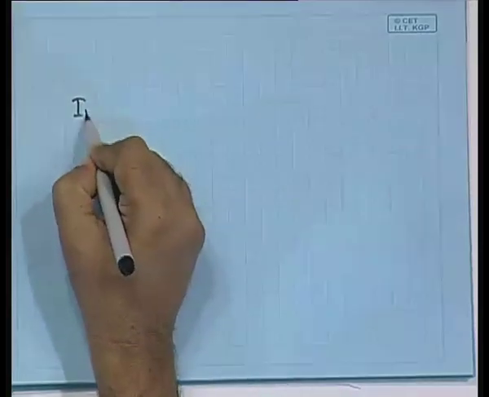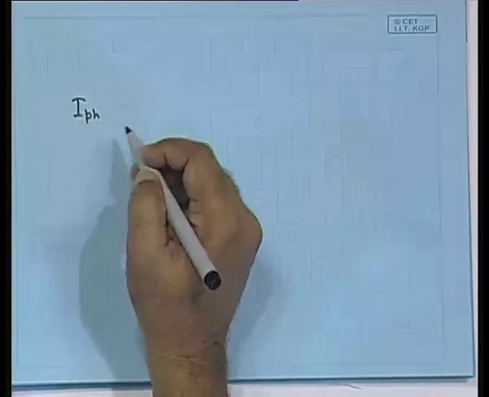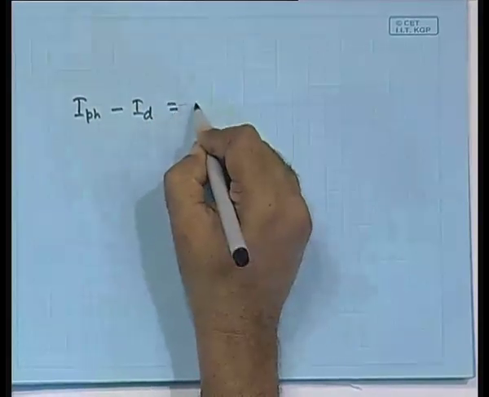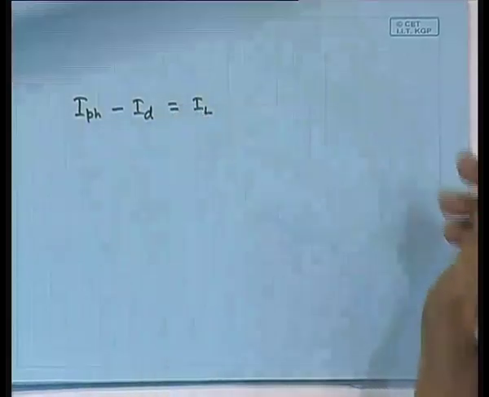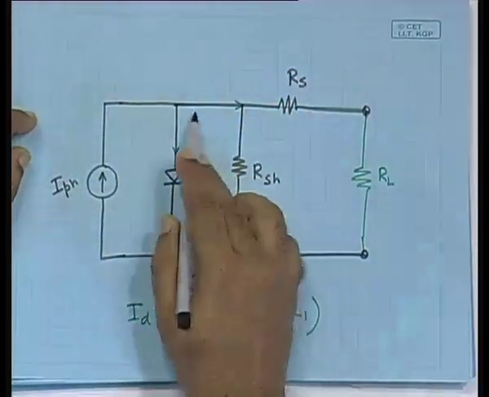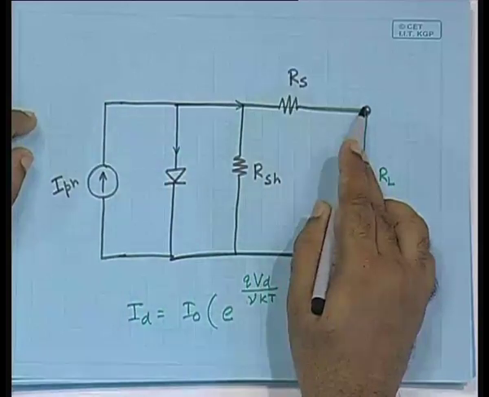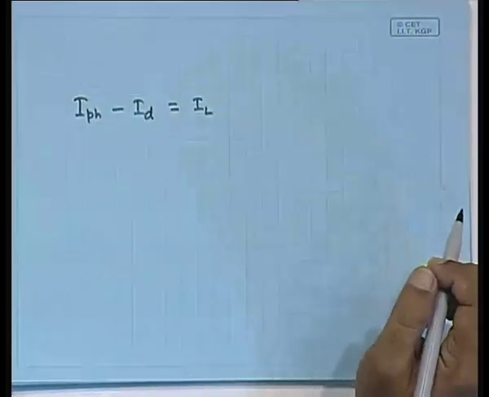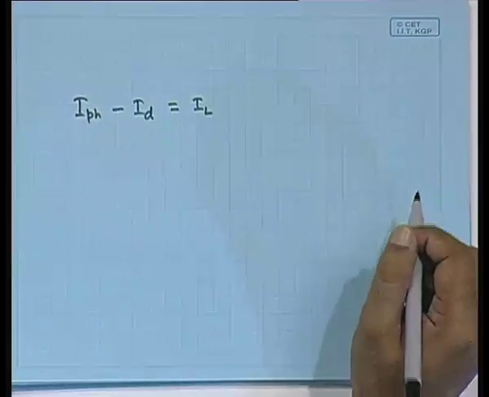Then you have the equation as IPH minus ID is equal to IL, the load current, all right, fine.